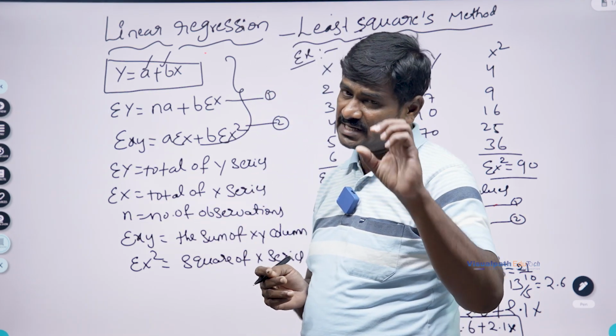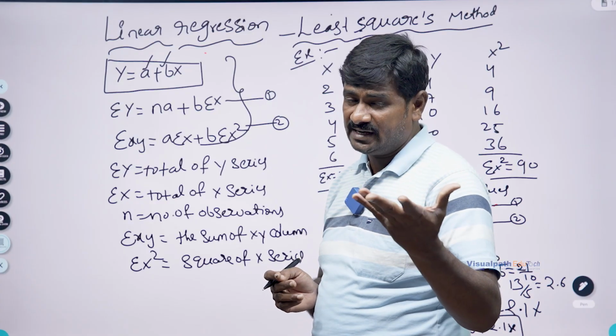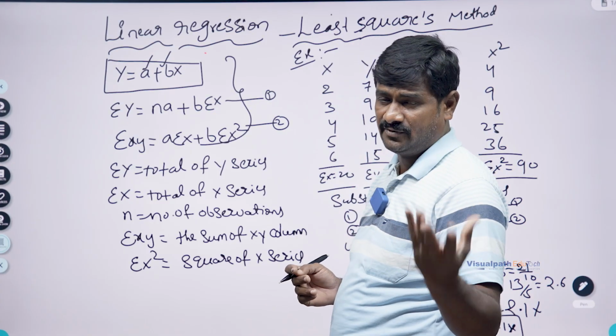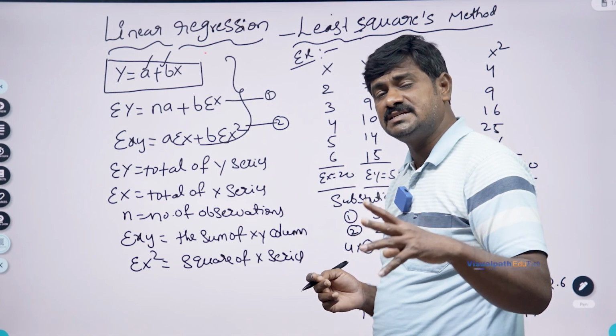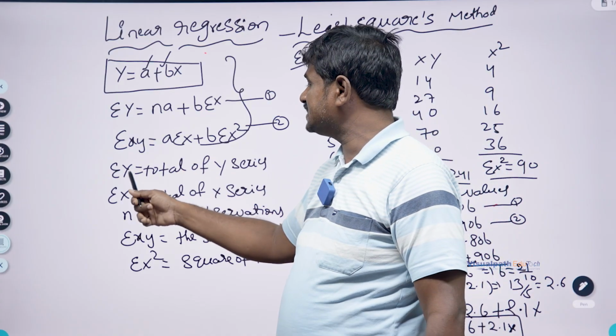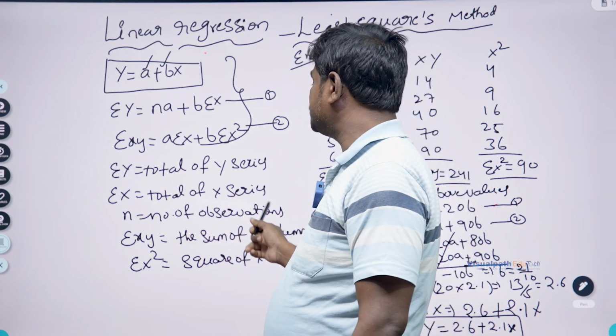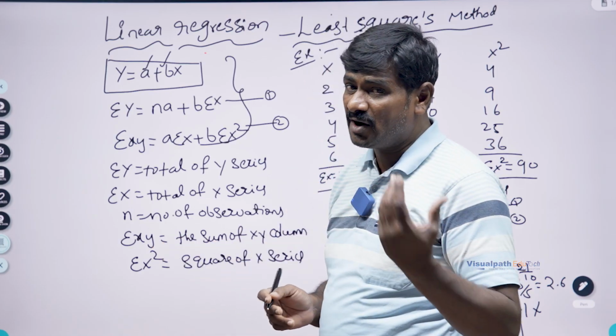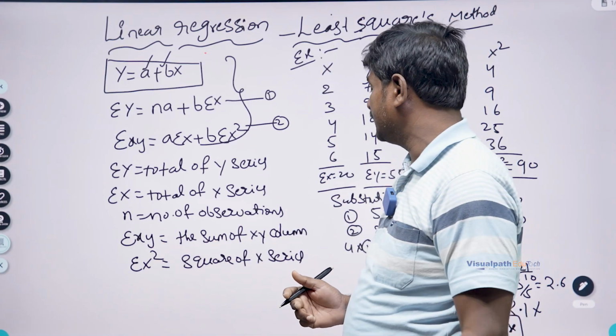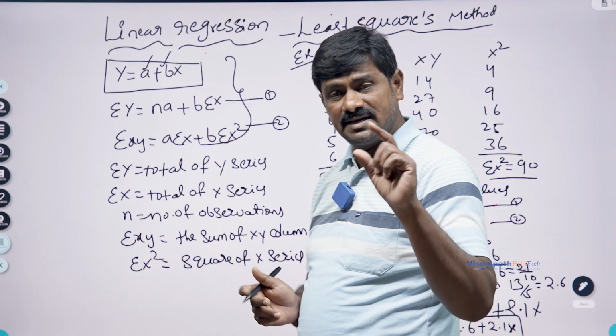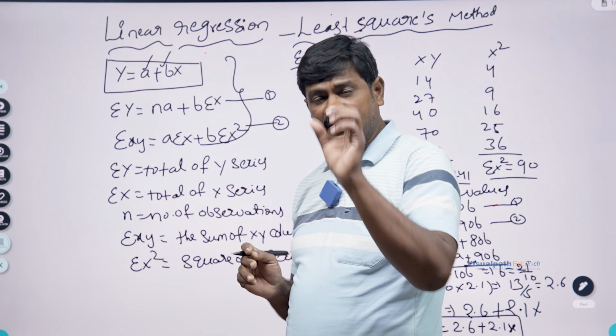We get two series of data because we have to identify the relationship between the two variables x and y. n is the number of observations. Sigma xy is the sum of the product of the x and y series, the sum of the xy column. The xy column we will find out.